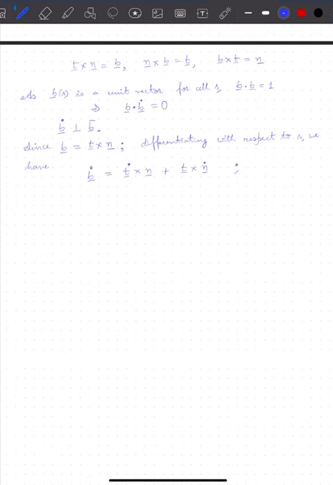Now recall that T dot is equal to kappa of s N of s, which means that T dot is parallel to N of s. So the cross product of T dot and N is going to be the 0 vector. So this implies that B dot is equal to T cross N dot.